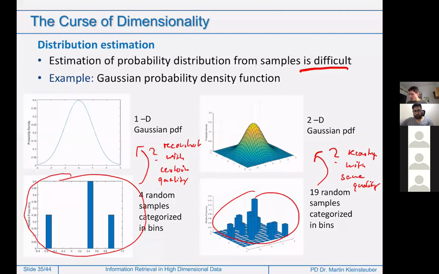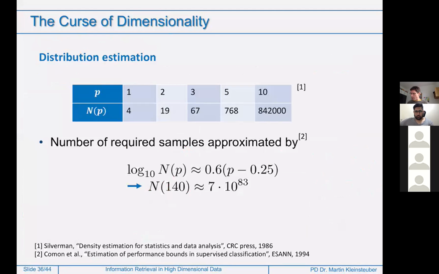You can keep this quality constant, and ask how many samples you need in the underlying probability density function with this certain quality. You come to this table. This is the dimension P, and this is the number of samples you need to reconstruct it with a given quality. For P equals 1, we had these 4 samples.